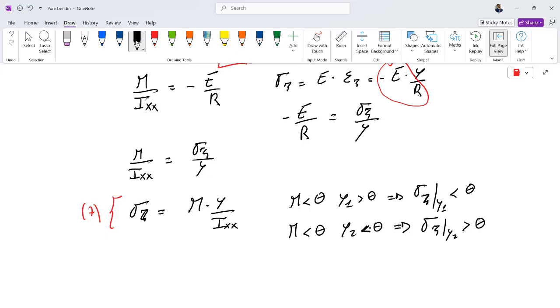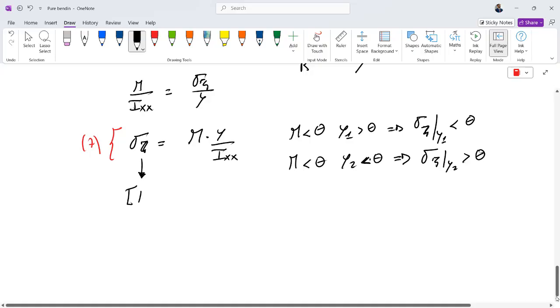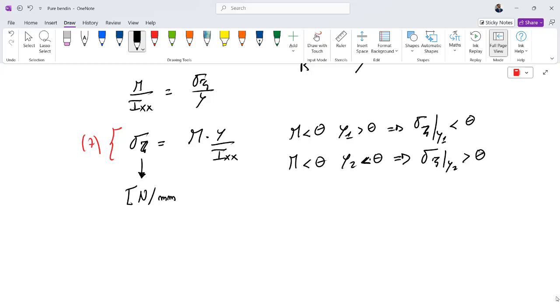The unit of this quantity sigma z is expressed in the international system as Newton divided by millimeter squared. So this is the sigma z unit of measure. But we can do another consideration.